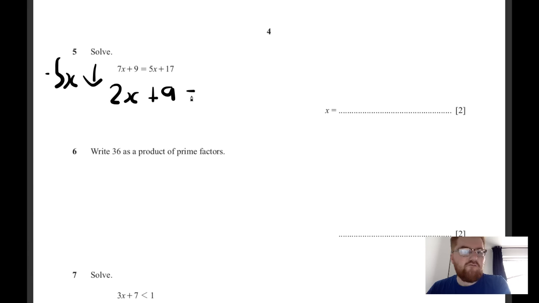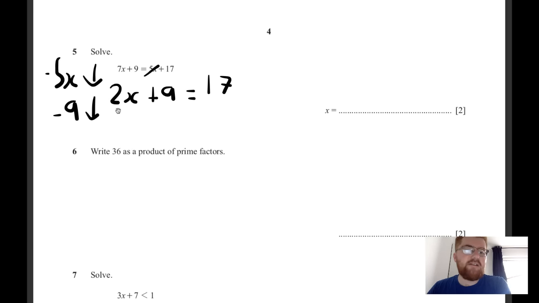And then we look at the right hand side. 5x minus 5x cancels, and 17 is left. And now we've got an even nicer equation, and we just work through the steps steadily. So what's the opposite of the smallest number? Plus 9. Well, then we want to minus 9 from both sides of the equation.